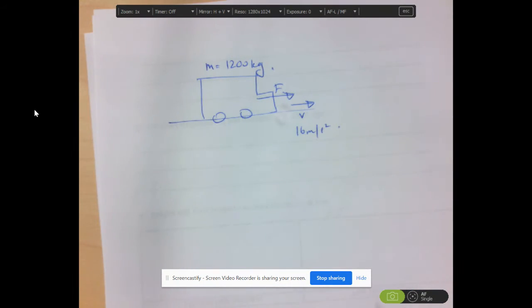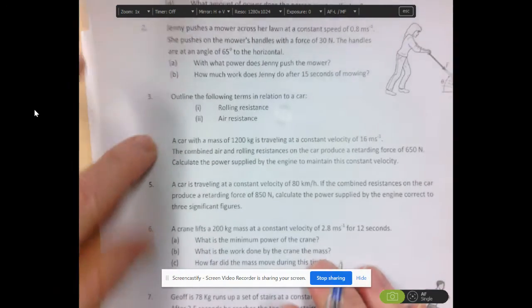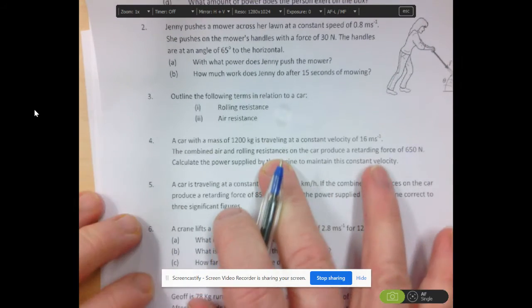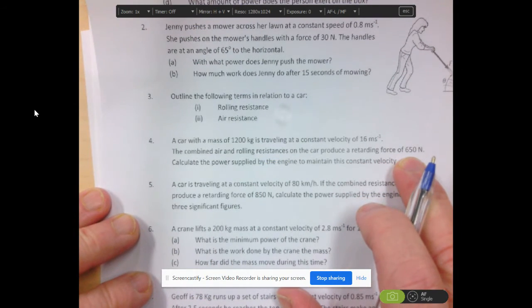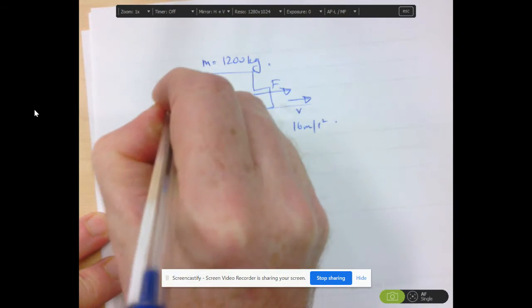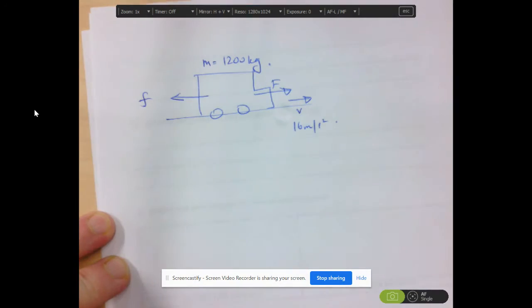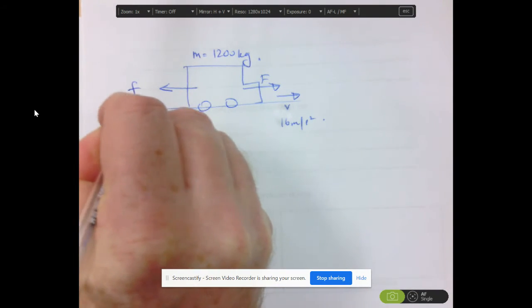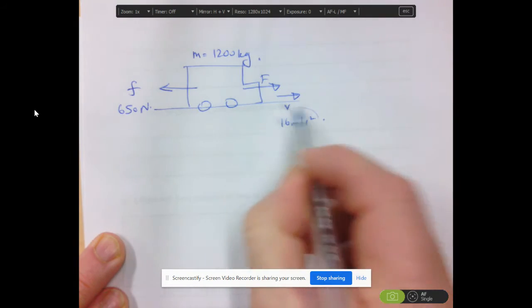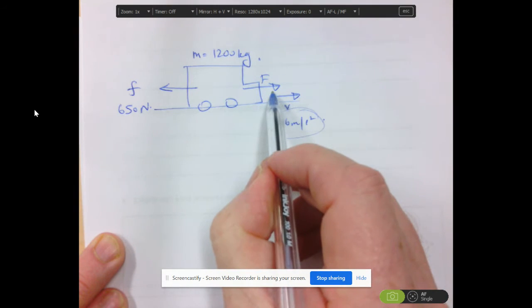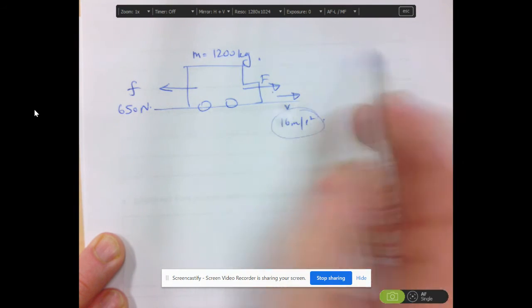The rolling resistances: we are told that the combined rolling resistance of the car, all the retarding forces, add up to 650 newtons. So all the friction forces on the way back here are 650 newtons. However, we've got a constant velocity going forward, so what must the forward force be?